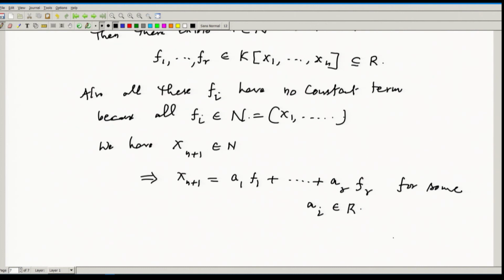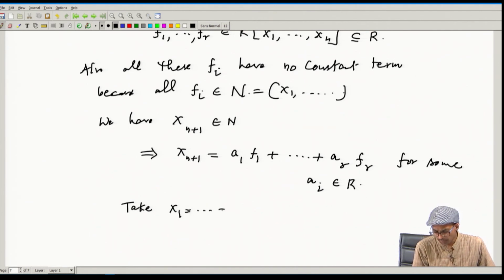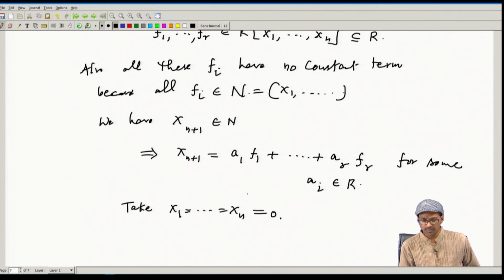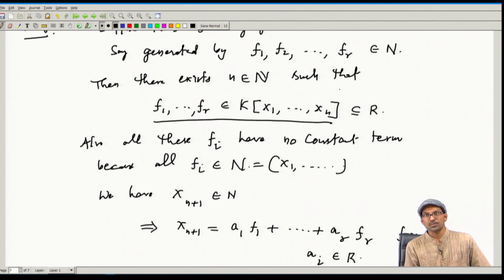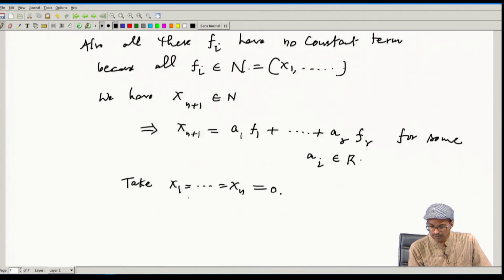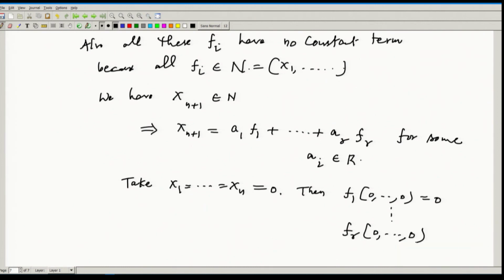Okay, so now let us take x1 equal to x2 and so on equal to xn, take all these equal to 0. So f1, f2, fr are all polynomials in n variables only. Therefore, if I substitute x1, x2, xn equal to 0, then f1(0, 0, and so on, 0) is 0, and so on, fr(0, 0, and so on, 0) is also 0, because there is no constant term.